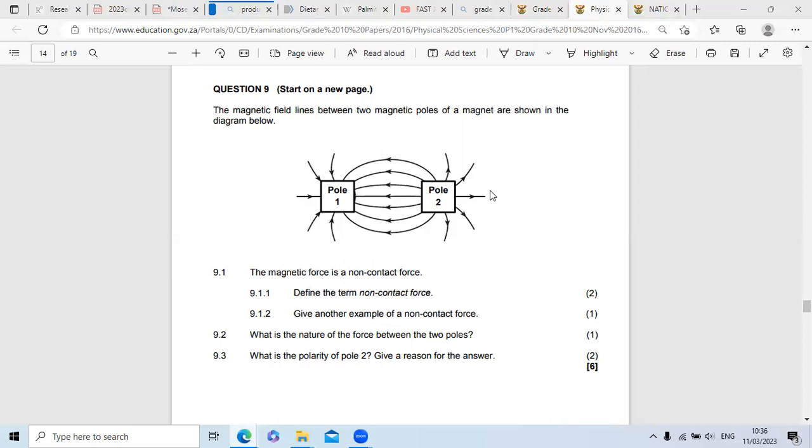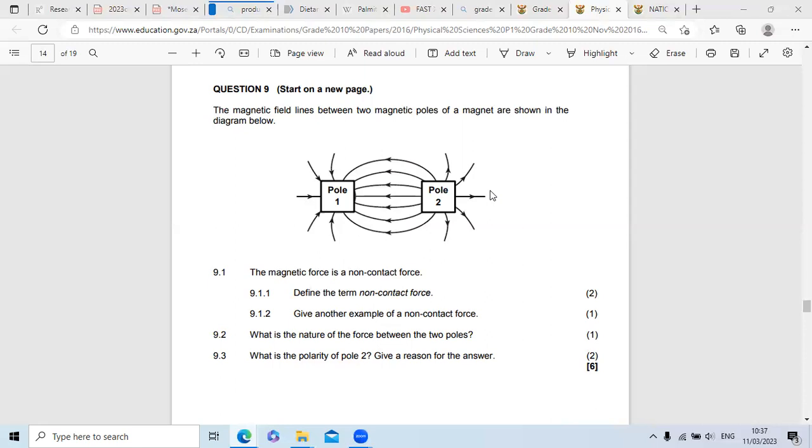It's not like you're pushing them together, but there's this invisible force that you don't see, and the two magnets aren't in contact, but they still exert that force on each other. I think I have a problem of over explaining it, but either way, a non-contact force is a force that can be experienced even when the objects applying the forces are not in contact.